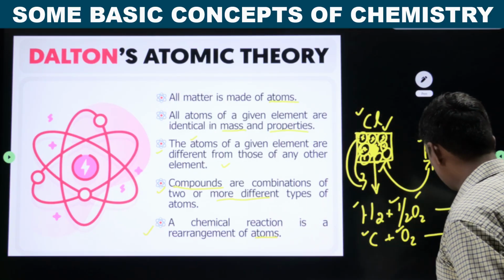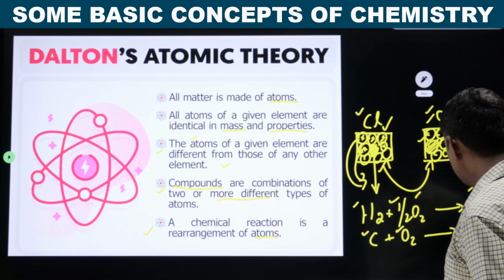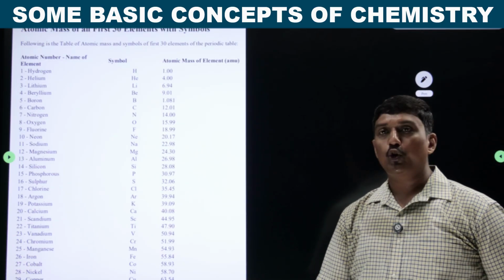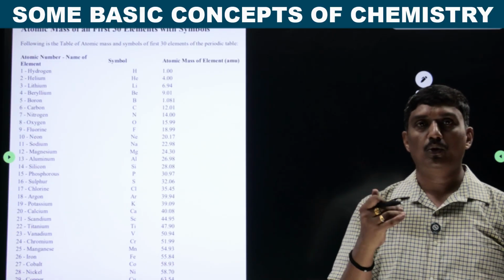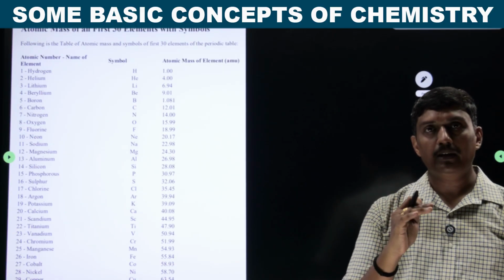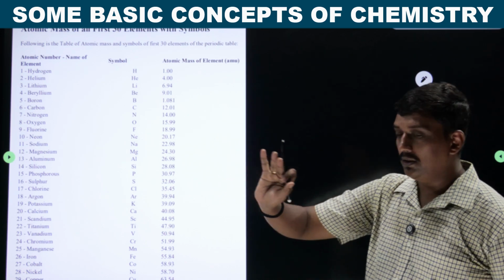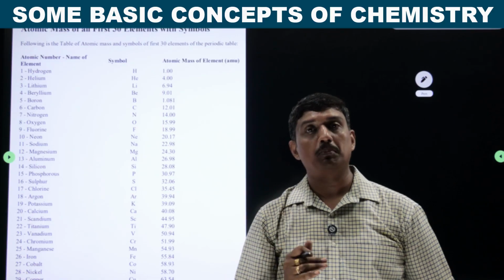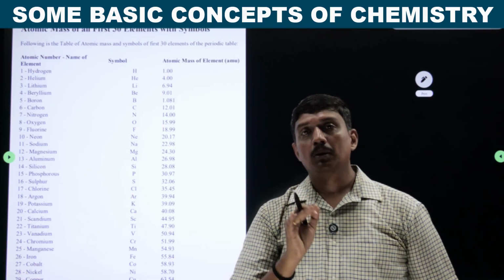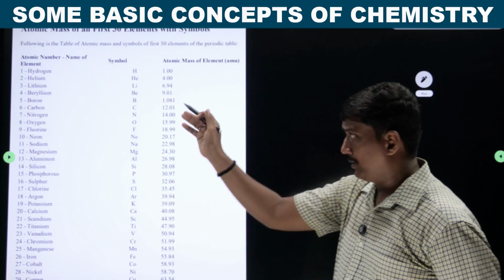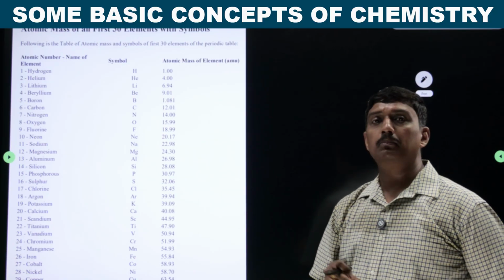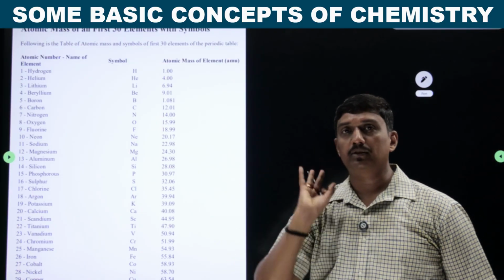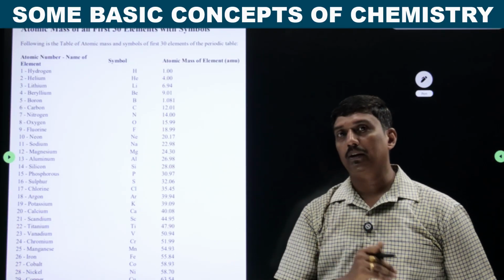Now let us discuss the topic atomic mass, atomic number and symbols. Actually, the representation of an atom you will be learning in the chapter Structure of Atom. But you should know at least a preliminary concept about the structure of an atom and its representation for numerical purposes.